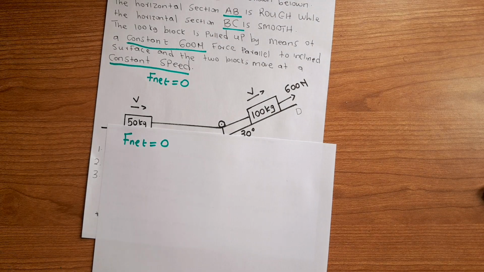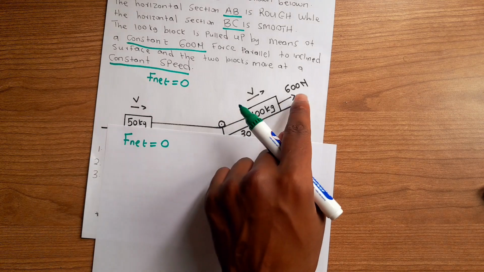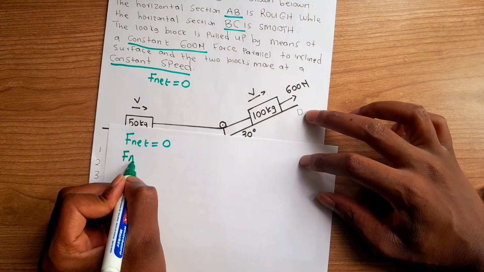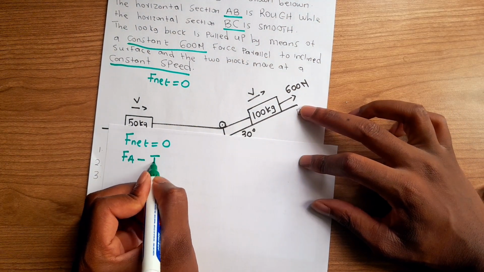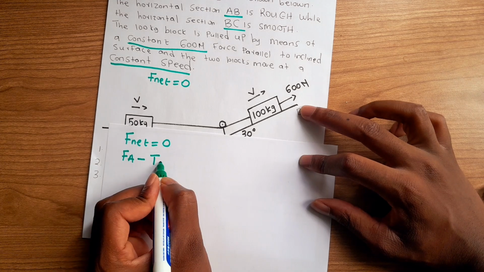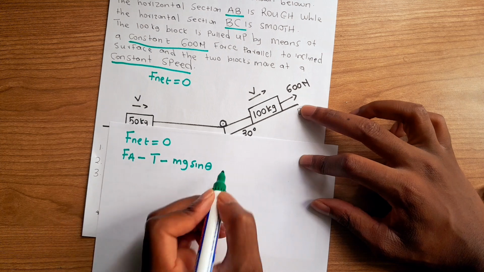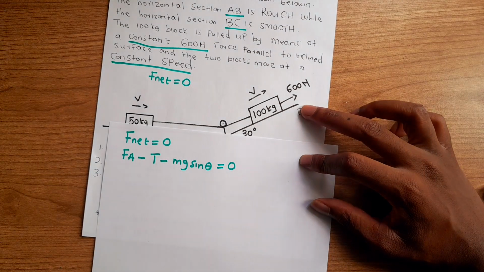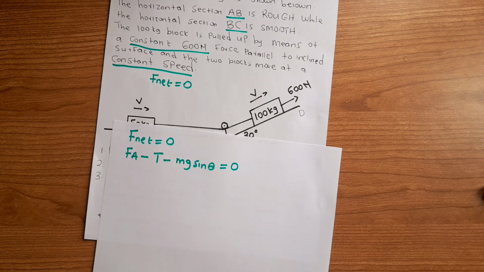If we refer to this free body diagram, we're going to have the applied force, the tension force, and mg sine theta, which is the Fg parallel, and all of this equals 0 because it is under constant speed. If you want to understand more about the mg parallel, you can enroll on our course. I just want to make this video a little short, so I don't want to dive into that.